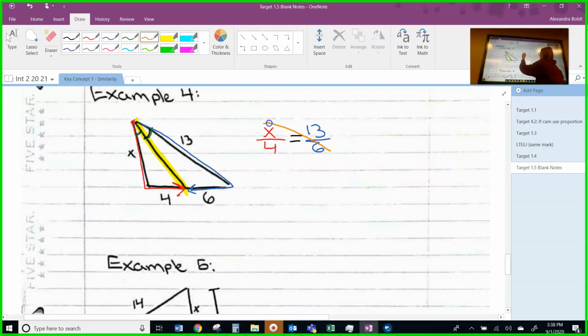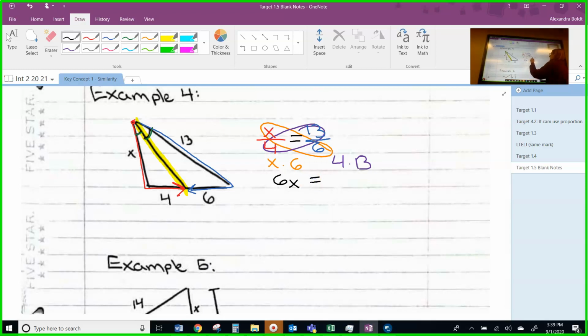Then just cross multiply. So I have, let's actually, sorry, do the multiplication. So that's x times 6, and 4 times 13. So x times 6 is 6x equals, and 4 times 13 is 52.